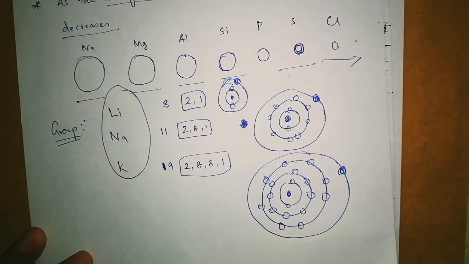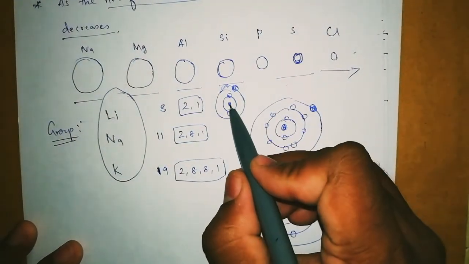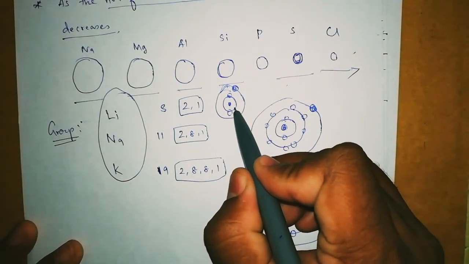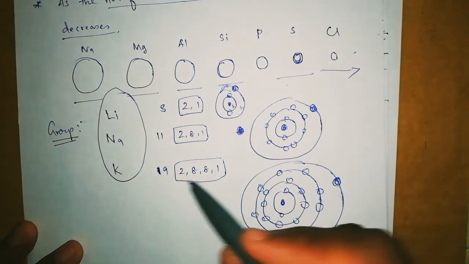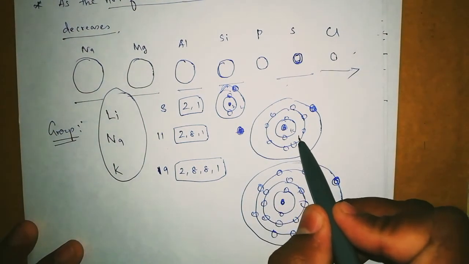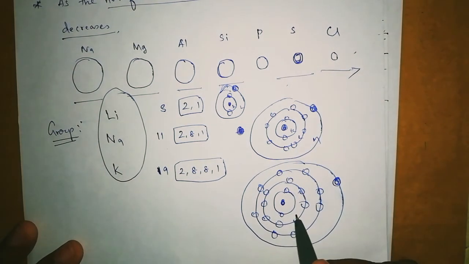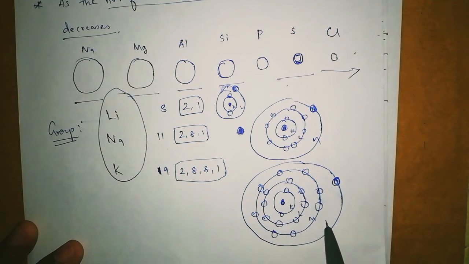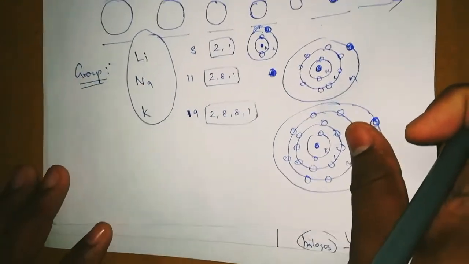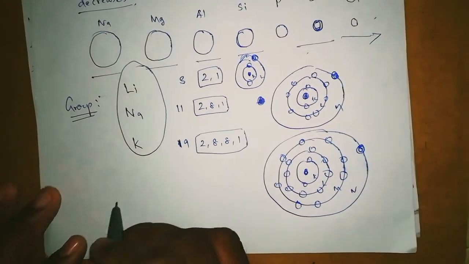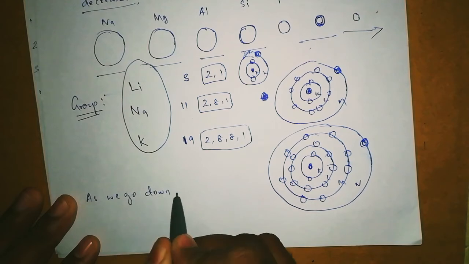So if you watch carefully, as we go down the group, look at lithium: K, L, right? Only 2 shells. And look at sodium: K, L, M, 3 shells now. And potassium: K, L, M, N. That means the number of shells increases as we go down the group.